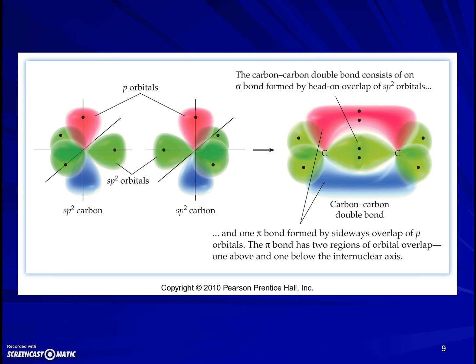But it's also going to keep this bond from being able to rotate. So whatever is on this side of the double bond as opposed to this side has to stay on that side, at least as it relates to what's over here. And so single bonds can rotate readily, just like they did in our plastic model kits, and double bonds cannot, again, just like they didn't in our plastic model kits.